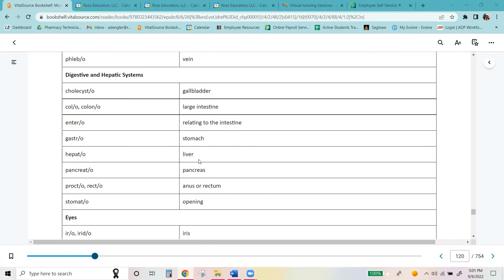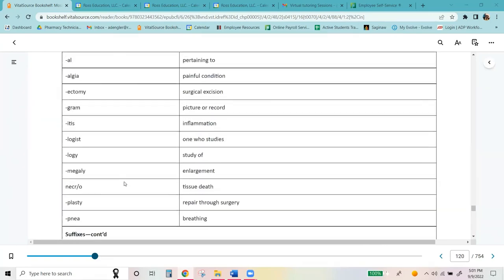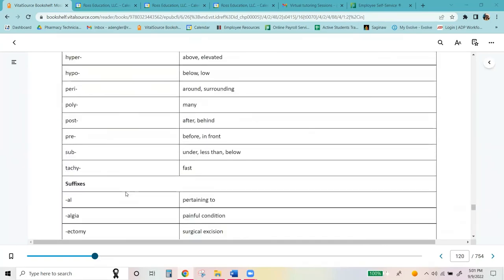So if we were going to say inflammation of the liver, it would be hepatitis. If we were going to say inflammation of the pancreas, it would be pancreatitis. If that makes sense.